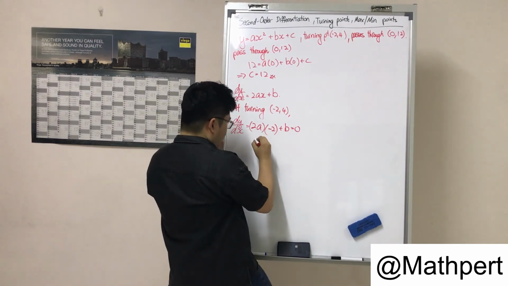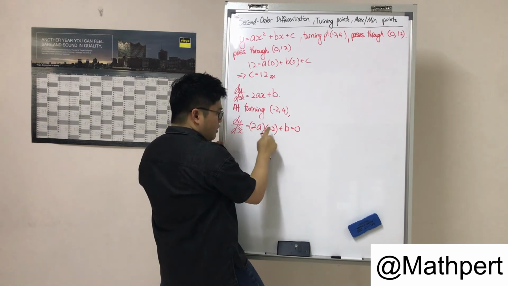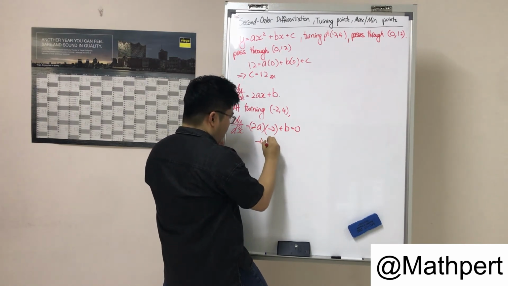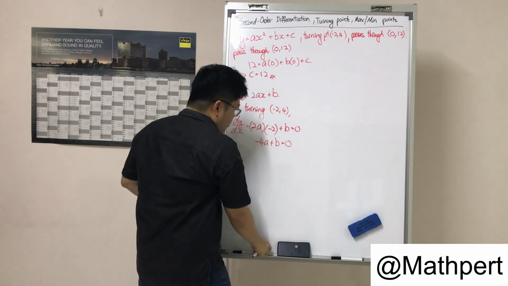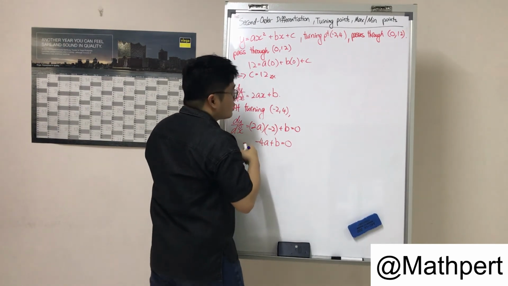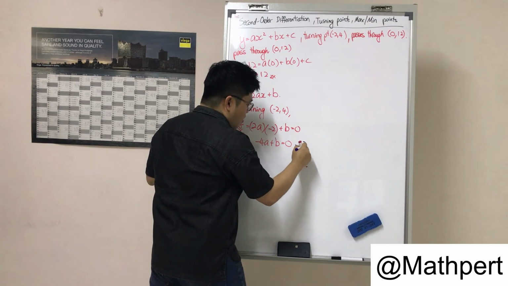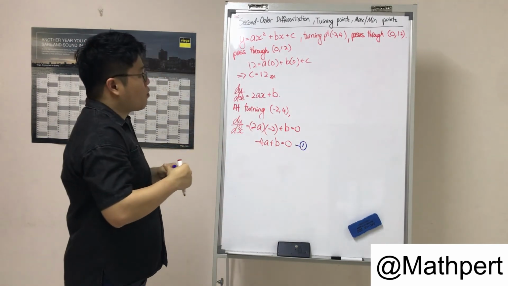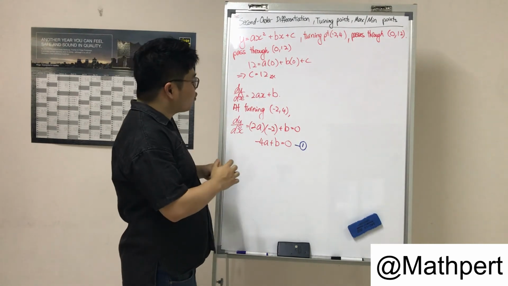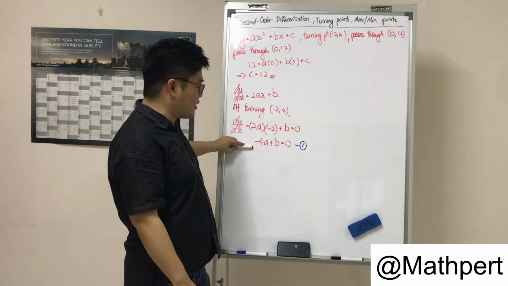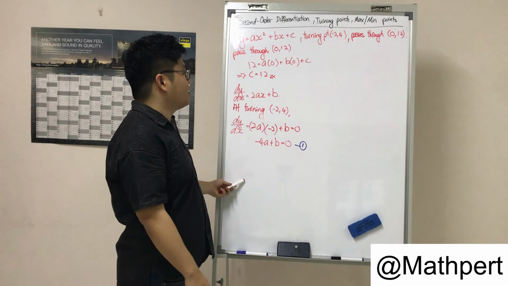So this will be 2 multiplied by negative 2, negative 4a plus b equals 0. We name this equation number 1.